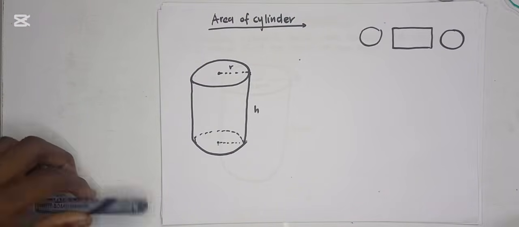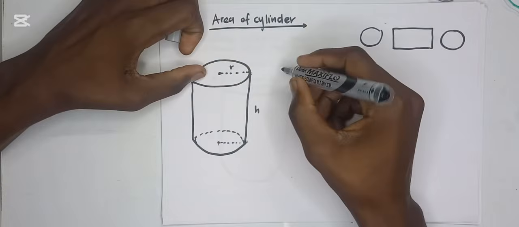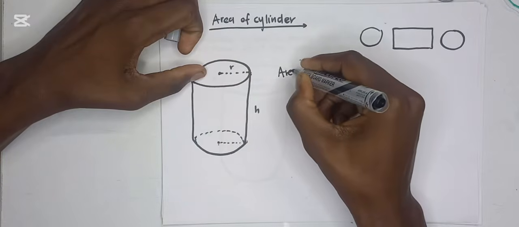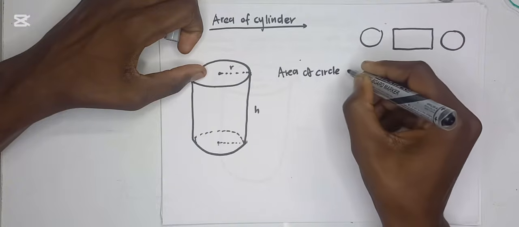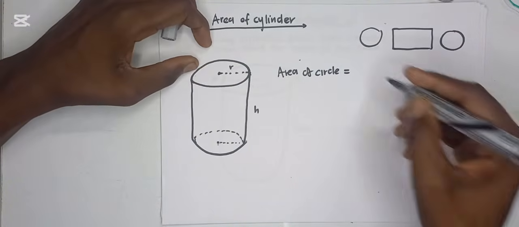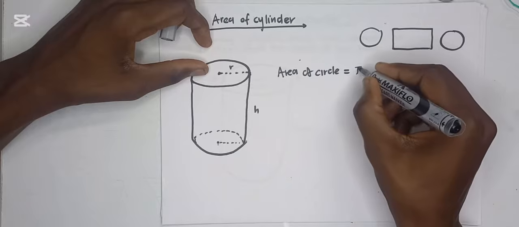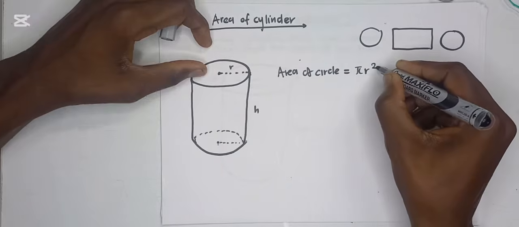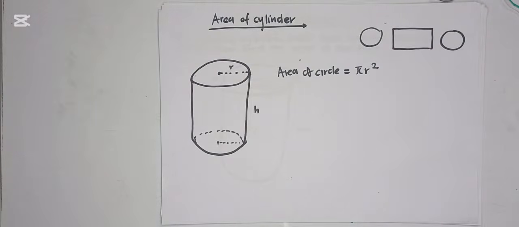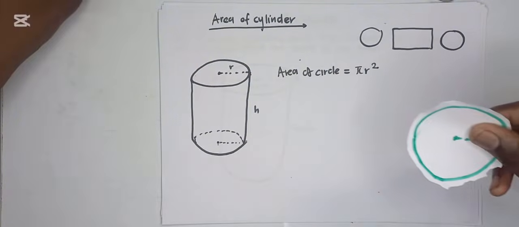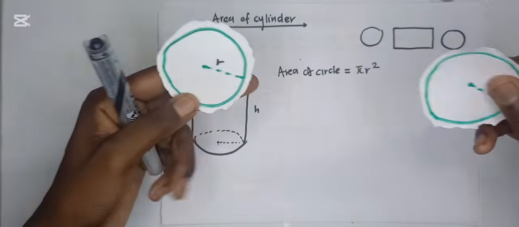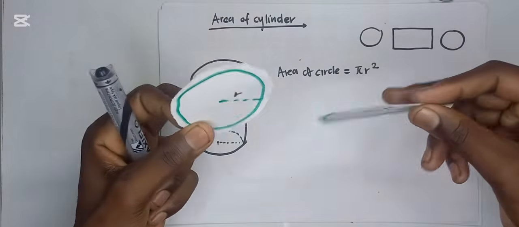First, we're going to start with the area of a circle. What is the area of a circle? The area of a circle is pi r squared. But this is the area of one circle. Since we have two circles here, what will be the total surface area of these two circles?